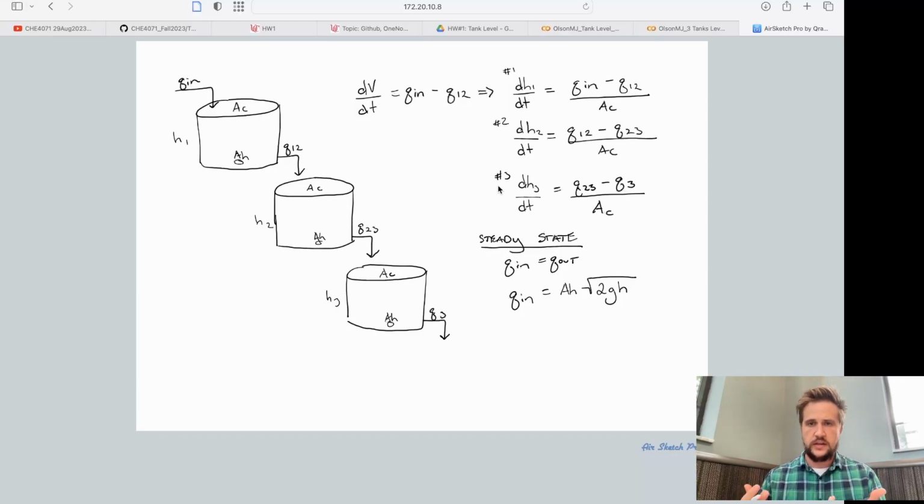We're going to say that for height in tank 1, 2, and 3. So let's go ahead and model that out now.